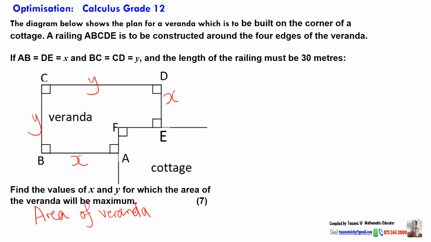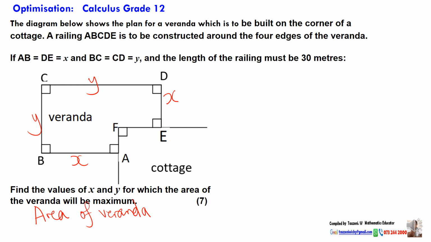Then we differentiate that equation, equate the derivative to 0, and solve for whatever variable you have. So once again, to determine the maximum or minimum values, you formulate an equation that represents the quantity that needs to be maximized or minimized. Then you differentiate that equation, equate the derivative to 0, and solve for x or for y or for whatever variable is there, because you can get anything.